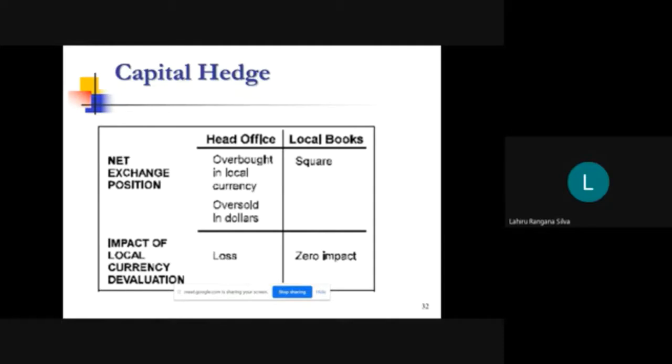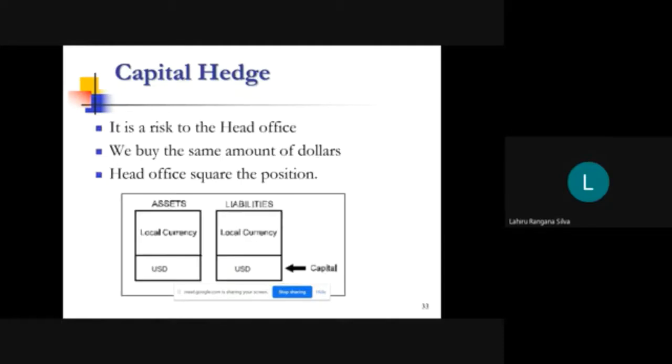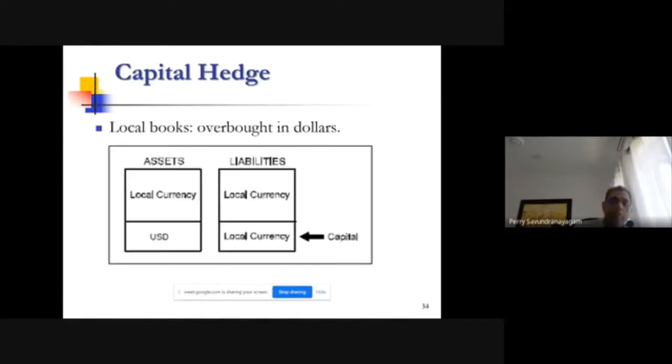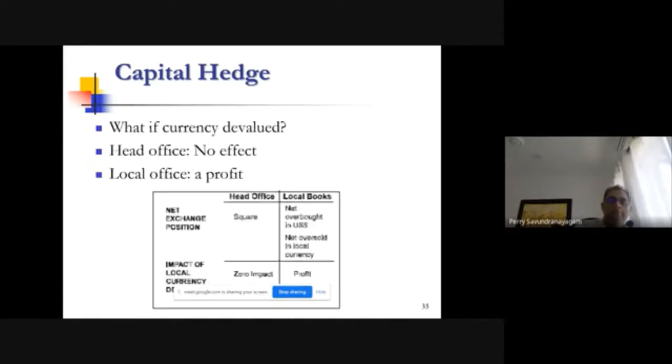Agree, sir. Okay. So basically, a lot of these companies have the risk that the value of the capital in the currency they originally had it in will devalue or depreciate.